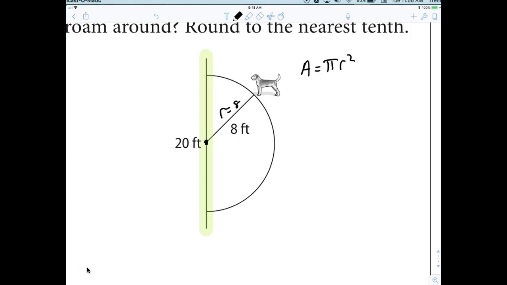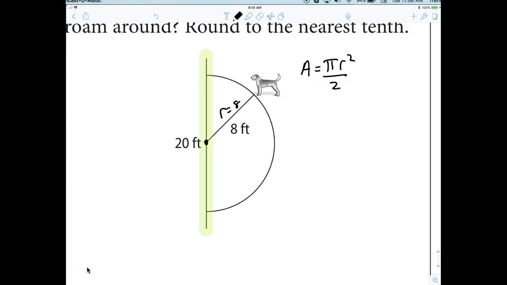Is the formula pi r squared? Yes. Pi r squared divided by 2. Why is it divided by 2? Because the fence is in the way. He can't go on the other side. All right? So, yeah, poor puppy.